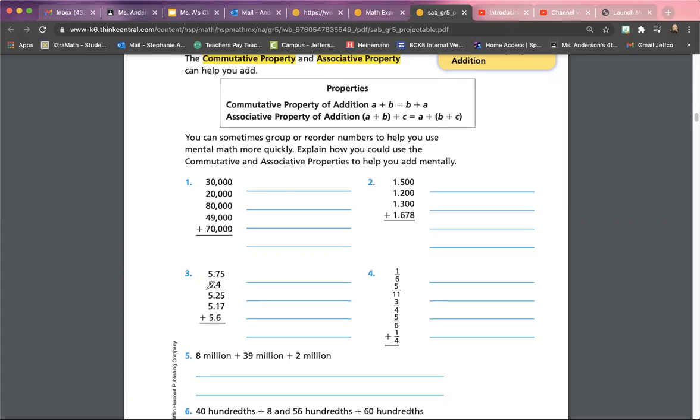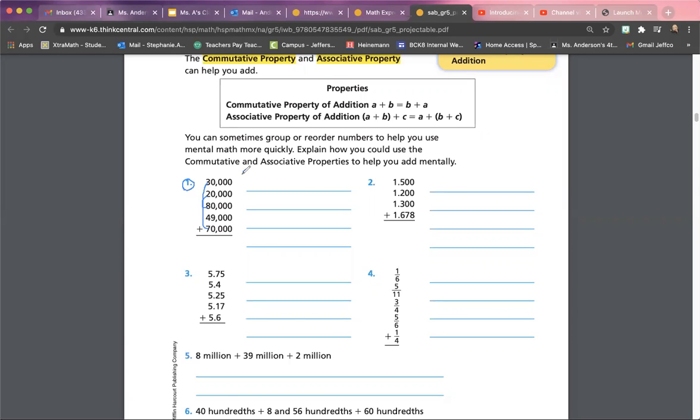So an example here might be, if I'm looking at number 1, my mental groups that I'm going to pull out is, I know that 7 plus 3 is 10. I know that 8 plus 2 is 10. And then I have 49 left, or 49,000.